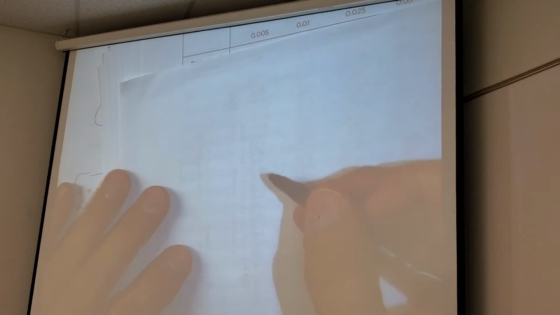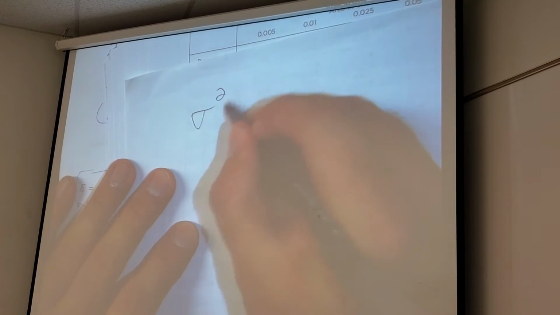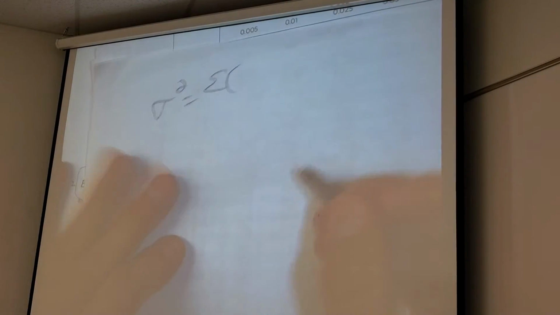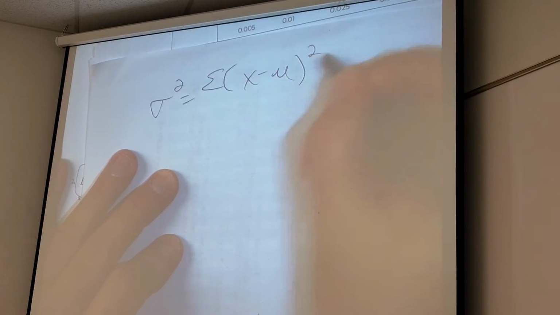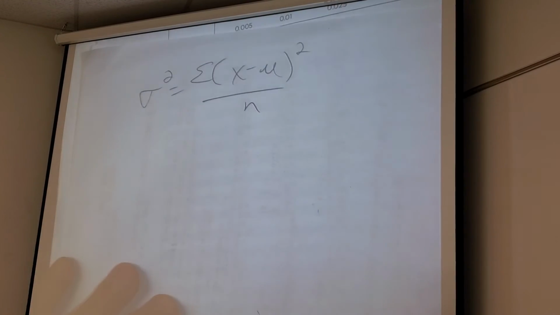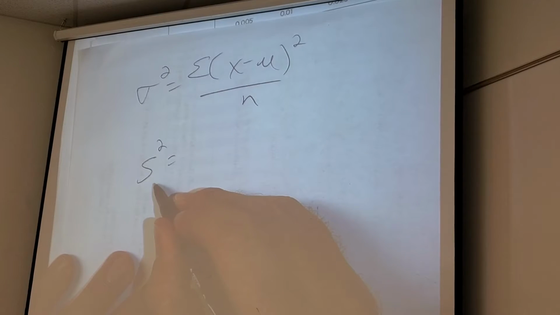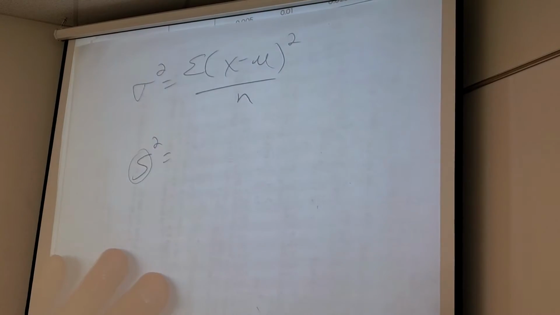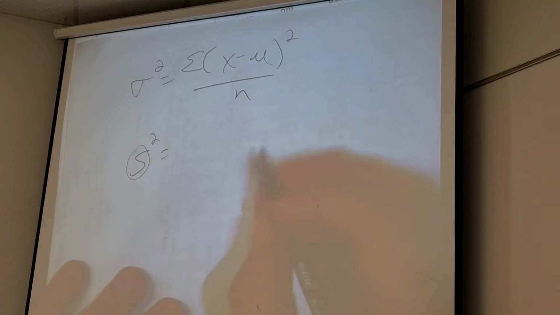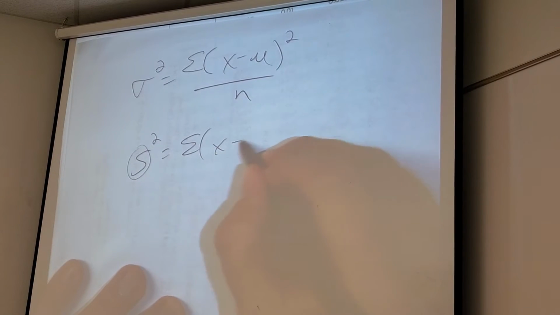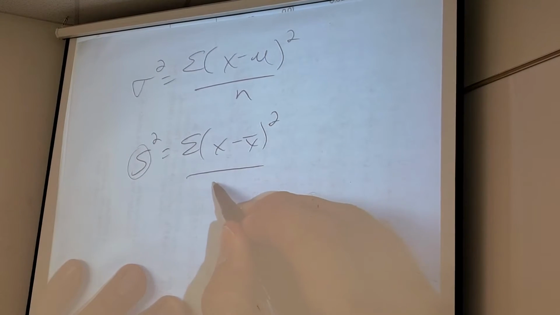Do you guys remember back in the day when we had this formula here? And then you remember there was a slight difference for this one? Because, of course, this one means sample standard deviation, right? What was it divided by? Anybody remember?